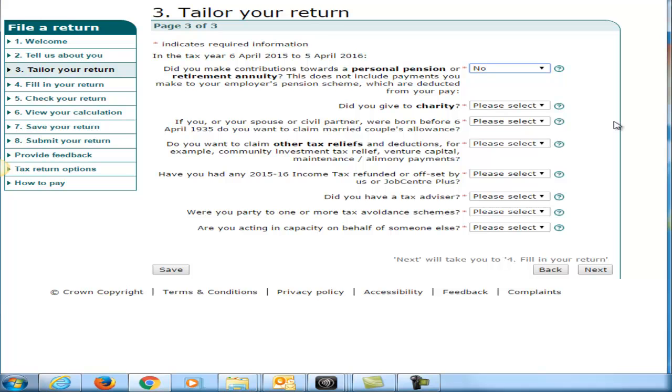So this section would then recognise the fact that you have given to charity, and this will be grossed up in order to make sure they got their 20%. What you must be aware of is if you have not paid enough tax to cover the tax that HMRC would give to the charity, you are the one that has to pay that tax over as part of your tax bill.